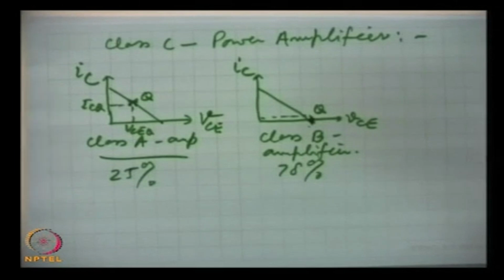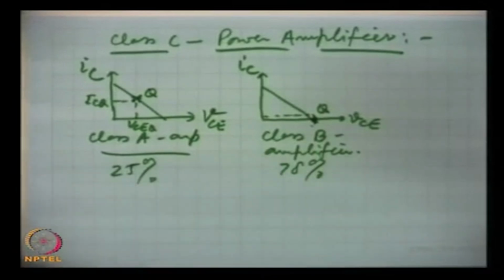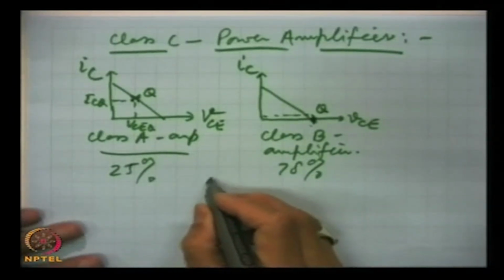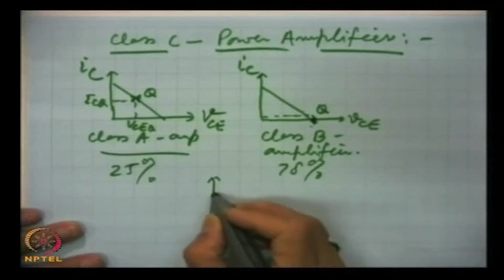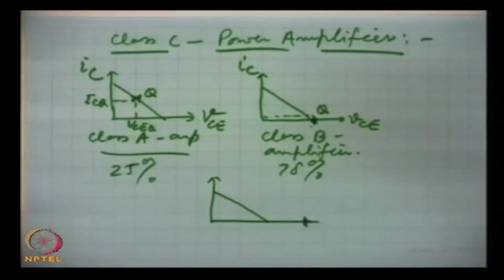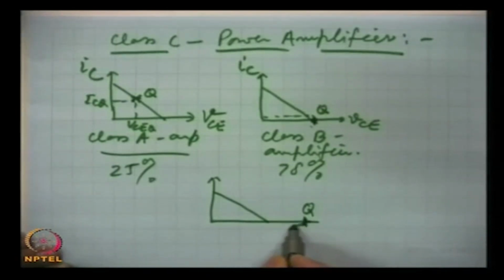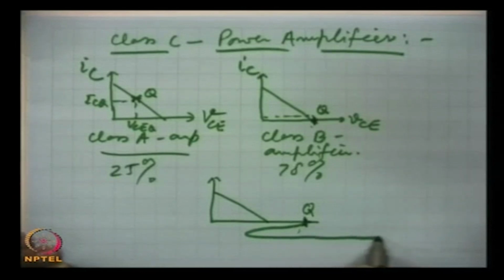In class C operation, which is now under discussion, we choose the operating point far away from the cutoff region. That means this is the line, and we bias such that this is the operating point, we shift it here, so that conduction will occur only for the high pulses, only for this portion.